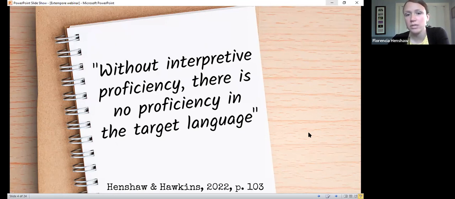So out of the 3 modes, we really do need to dedicate a lot of time to interpretive communication. I understand how much more fun it is to do presentational, how fun it is to do interpersonal, and the students are talking or writing, creating. I get all that, and I'm a big fan of all that. But we need to spend time on interpretive proficiency if we want them to develop proficiency in the language.